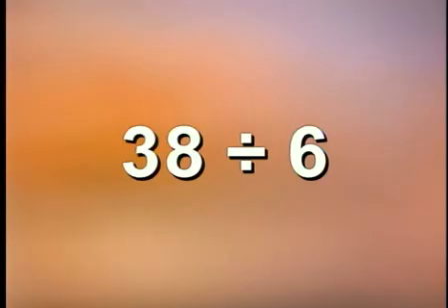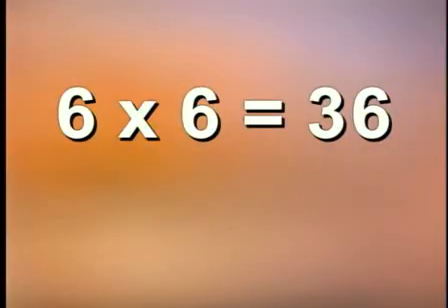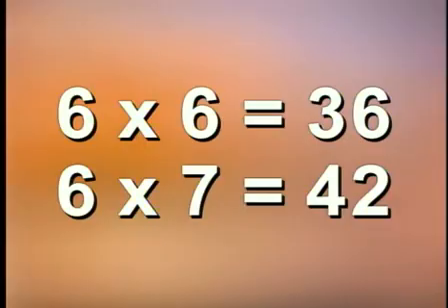Well, again, let's assume we don't know the answer, and we're concerned about looking at it as a multiplication problem. What times 6 is 38? Well, if you know your 6 times tables or your 6 facts, you know that there is no number. 38 is not a multiple of 6. But we do know that 6 times 6 is 36, and the next visual shows that. It also shows that 6 times 7 is 42.